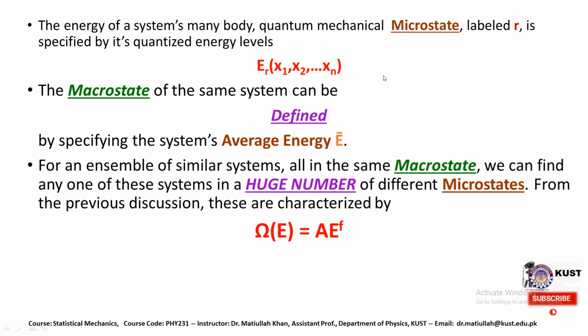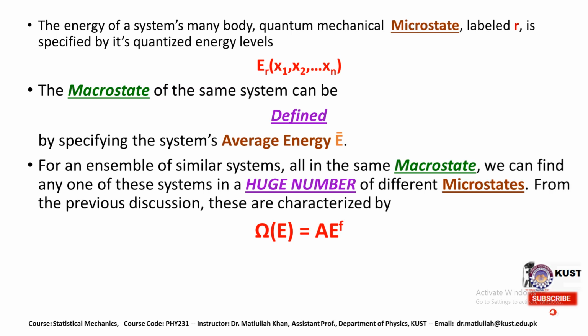The macrostate of the same system can be defined by specifying the system's average energy. So for an ensemble of similar systems, all in the same macrostate, we can find any one of these systems in a huge number of different microstates.